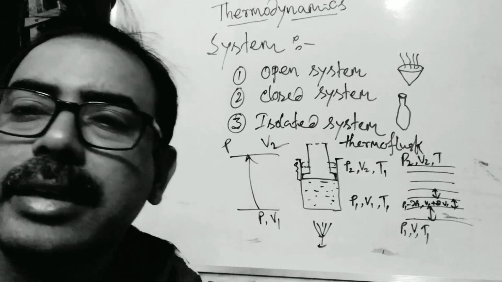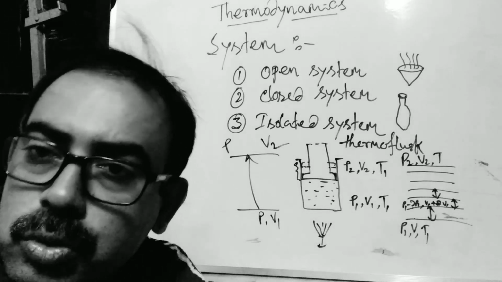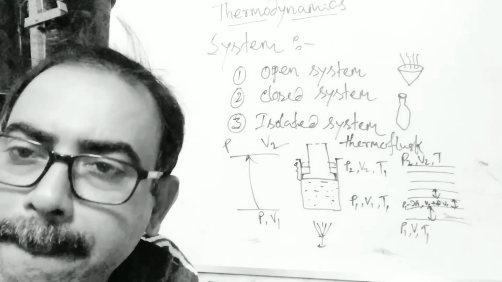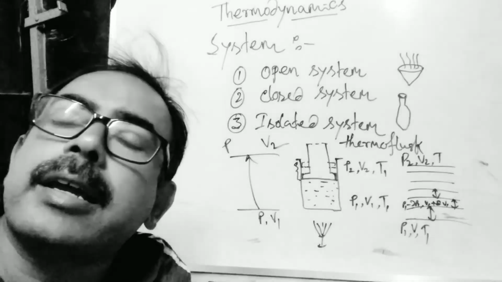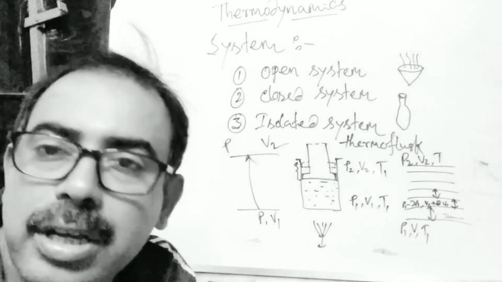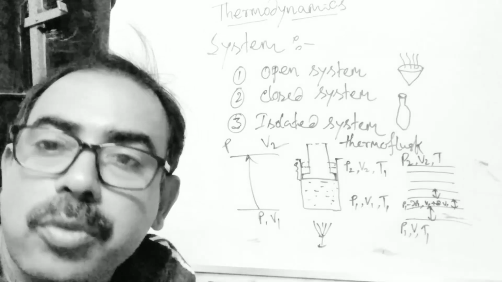Now, what is internal energy? Actually, we take food from outside, and through the process of respiration, it is oxidized into glucose, and some amount of energy is released, and with that energy we do some work.